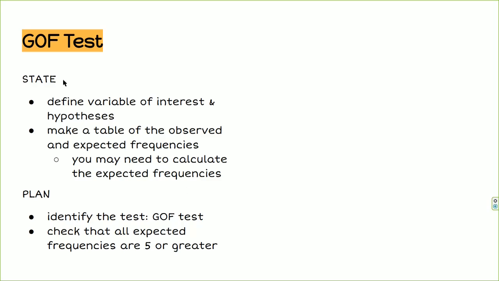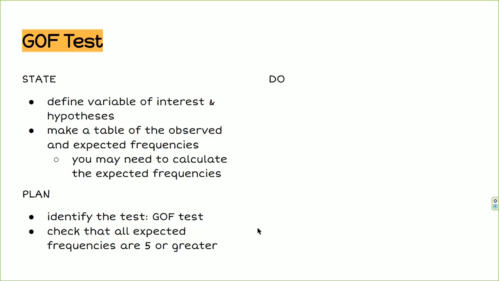So if you go through the state step, you make that table of observed and expected, and one or more of your expected frequencies are smaller than 5, you should stop the test. You should not do a goodness of fit test if you don't meet this requirement. All of the examples on your homework and test will meet this requirement, but you should state that you checked it.